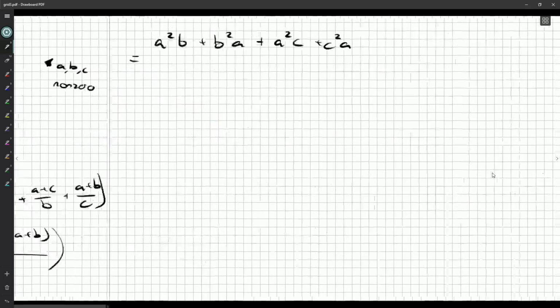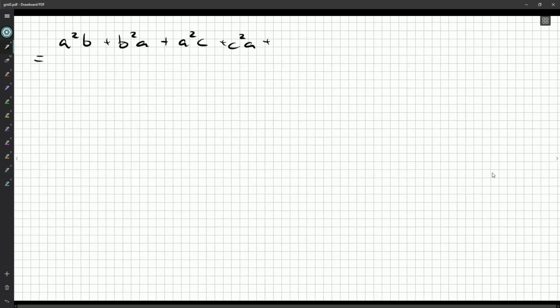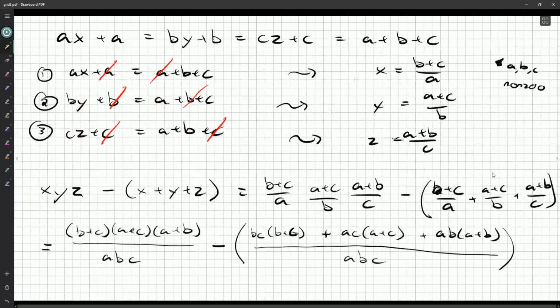And then I can get a b squared c and a c squared b. All I'm doing is saying, well, you can do c, c, and an a, or c, c, and a b, or the two b's and a c, or the two b's and an a. So that's how I've got those ones.